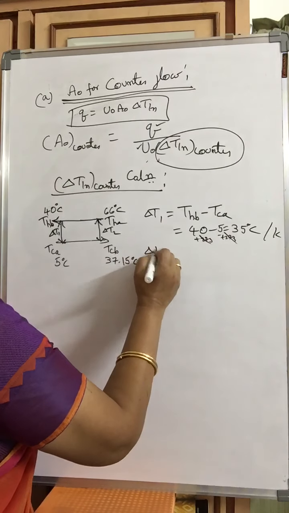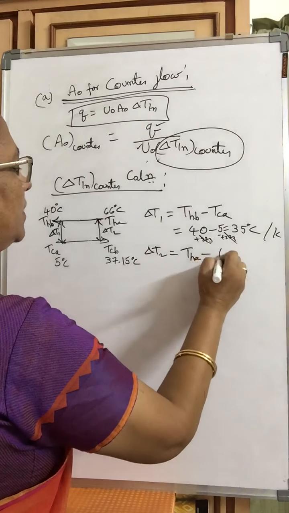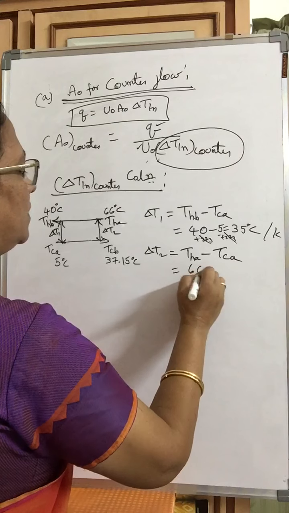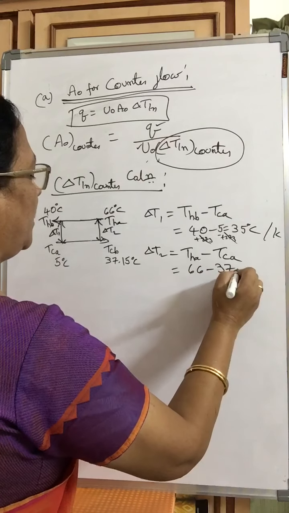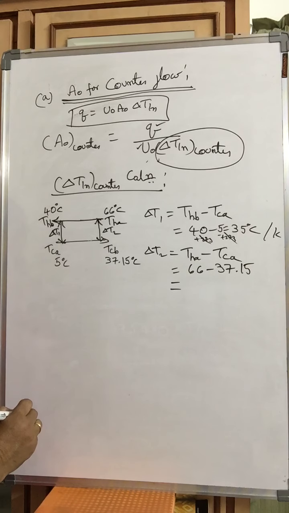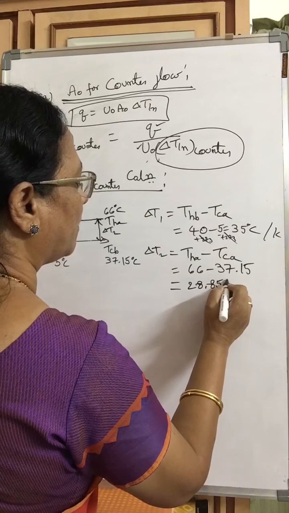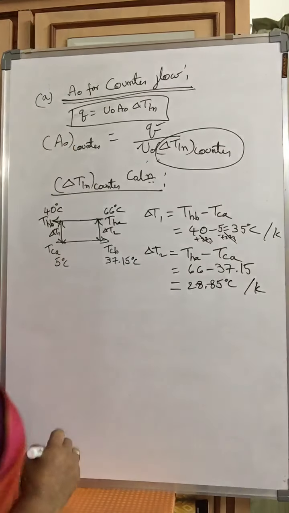So delta T2 is equal to THA minus TCB, that is 66 minus 37.15. Its value is 28.85 degrees centigrade or Kelvin.